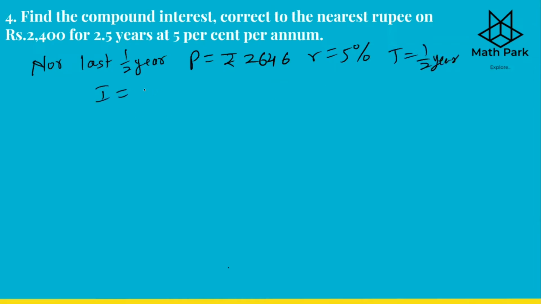So interest is equal to 2,646 into 5 into 1 upon 2, and this denominator is 100. So you can simplify this further. So you can have this as 5 ones are 5 and 5 twenties, and again dividing by 2, we are getting the interest as rupees 66.15.